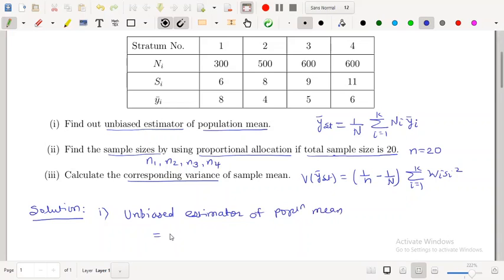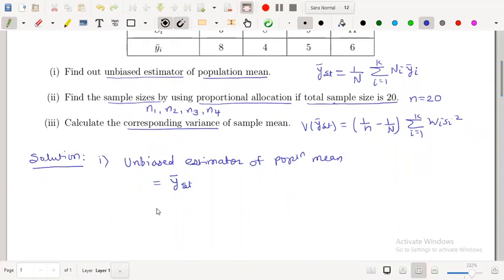Now you know that the sample mean, means y bar st, is an unbiased estimator for population mean, and its formula is this one: 1 upon capital N summation i running from 1 to k Ni into y bar i.